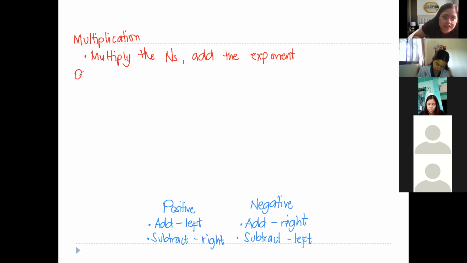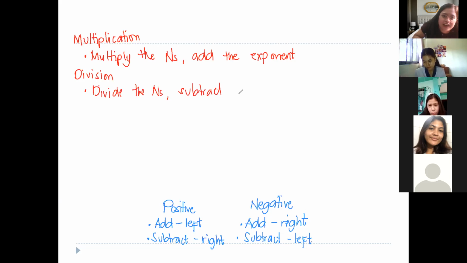Pero kung division, divide the ends and subtract. Okay. Subtract the exponent.